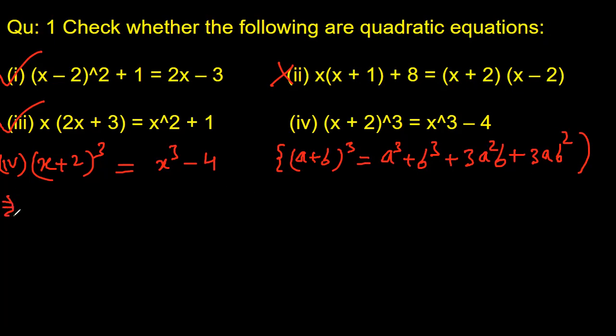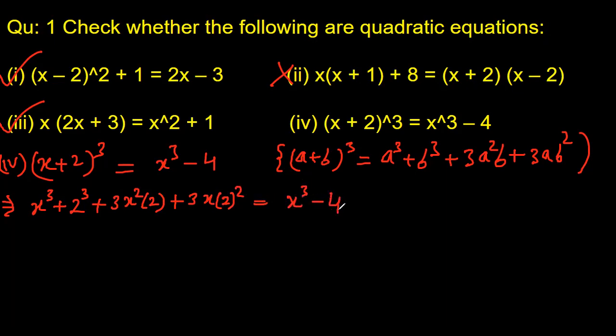So this will imply our left hand side becomes a cube, which is x cube, plus b cube means cube of 2, right? Let me write it, b cube, right? And plus 3 times a square is x square and b is 2, and plus 3 times a is x and b is 2, so square of b, is equal to x cube minus 4.